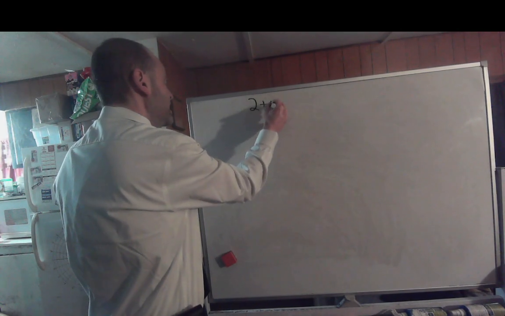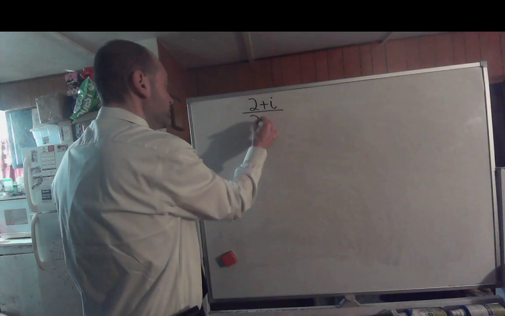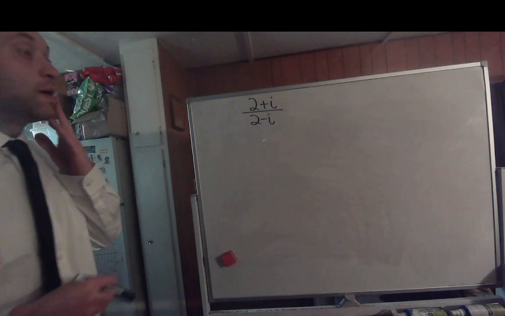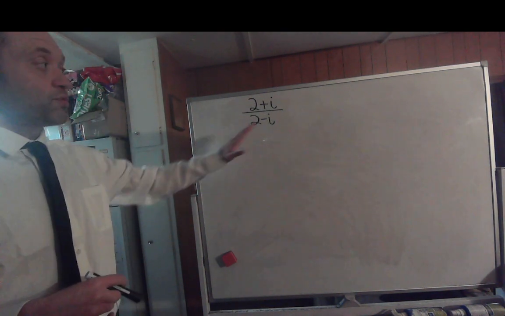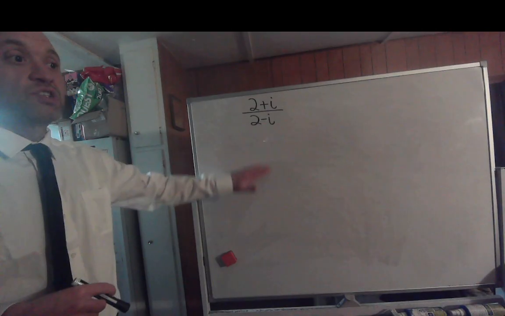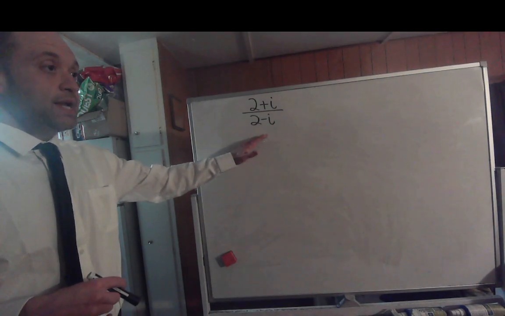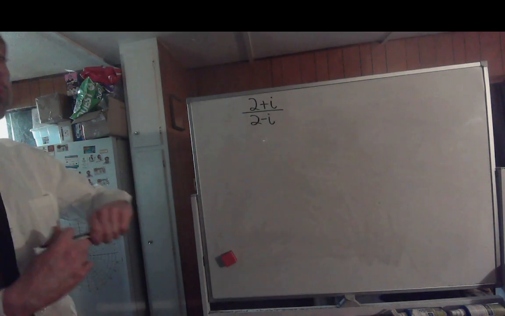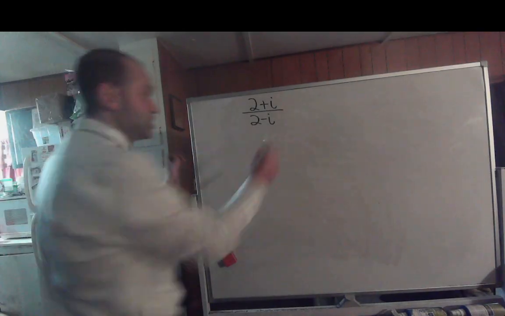All right. Let's see. We have 2 plus i all over 2 minus i. Well, you want to rationalize your denominator, so go ahead now and multiply both numerator and denominator by your complex conjugate, which would be 2 plus i.